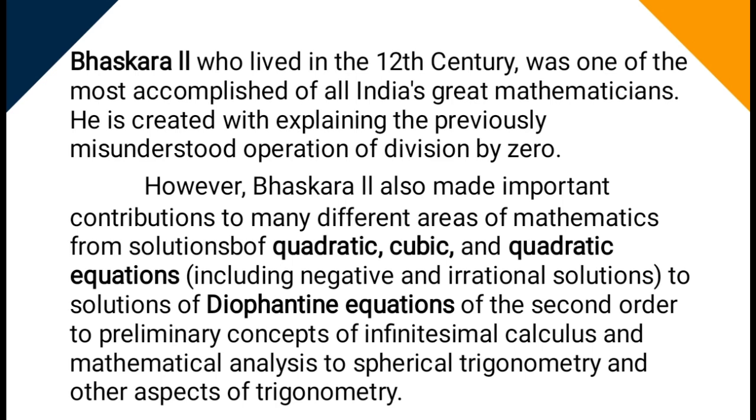However, Bhaskara II also made important contributions to many different areas of mathematics, from solution of quadratic, cubic, and quartic equations, including negative and irrational solutions, to solutions to Diophantine equations of the second order, to preliminary concepts of infinitesimal calculus and mathematical analysis, to spherical trigonometry and other aspects of trigonometry.